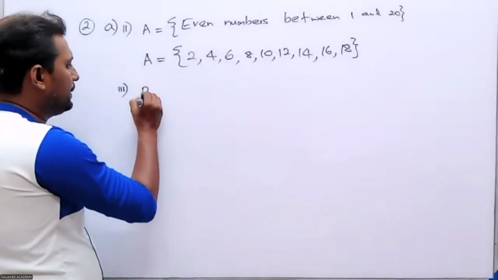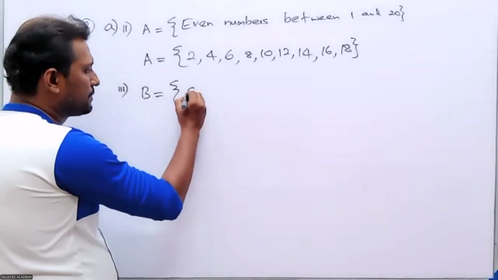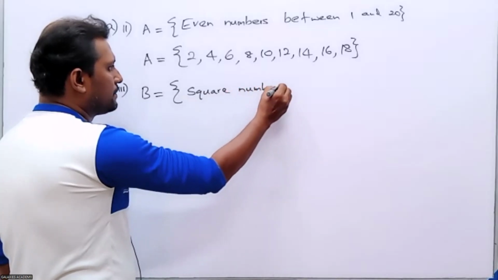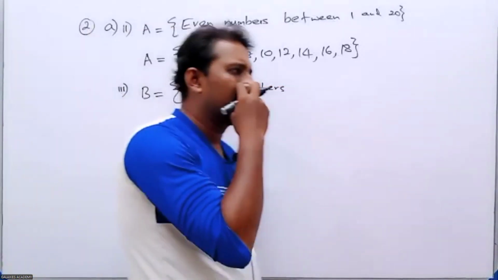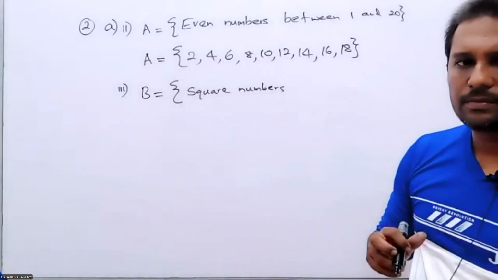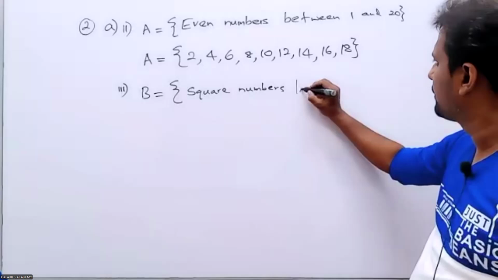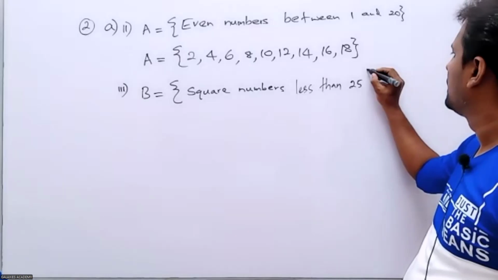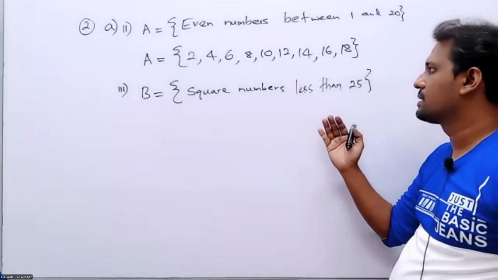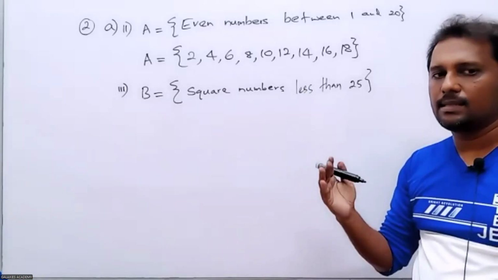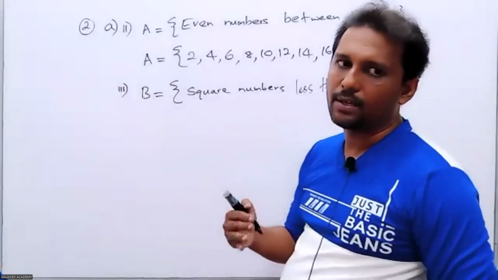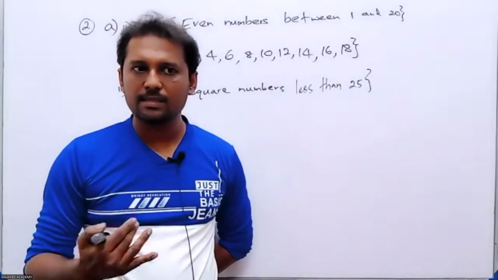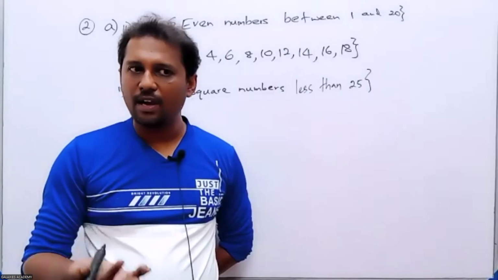Capital B equals, within curly brackets, square numbers. I can write square numbers less than 25, right? If you want, you can write square numbers less than 17, less than 18, less than 19, less than 20, less than 21, less than 22, less than 23, less than 24, less than 25.